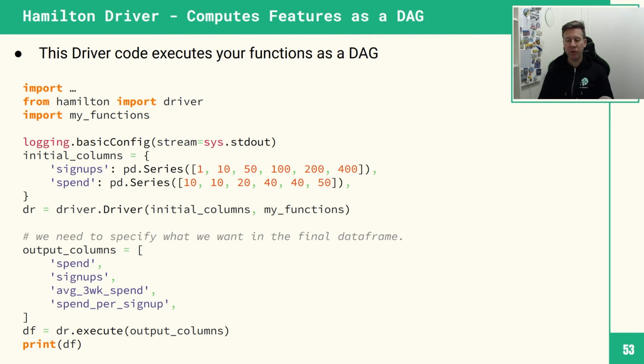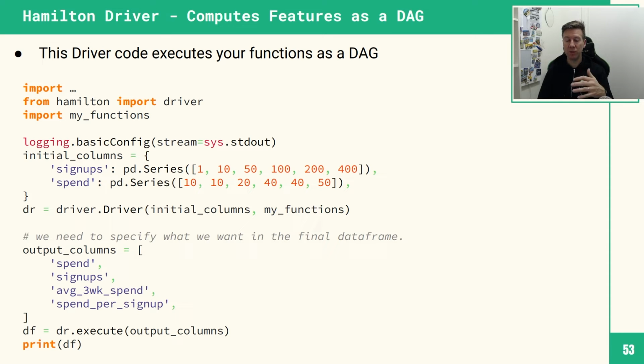How do we put our functions together to build this very large pandas data frame that we're going to use to train our models with? Well, with Hamilton, we have a driver that you need to define, and the driver will execute the code to build the data frame as a directed acyclic graph of functions.